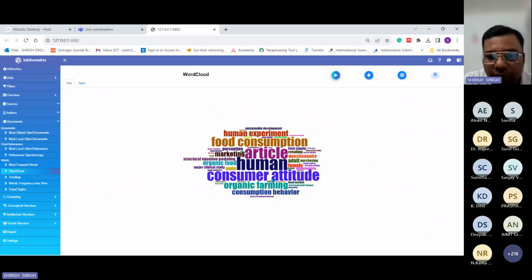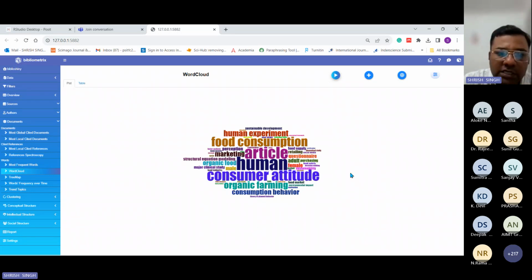If you put your cursor over here, you can see that human has a frequency of 67, meaning that out of 258 articles, this keyword has been used 67 times, right? Similarly, consumer attitude is around 55 times. So the word with the bigger size has the bigger frequency of occurring inside the articles. So this is the word cloud.